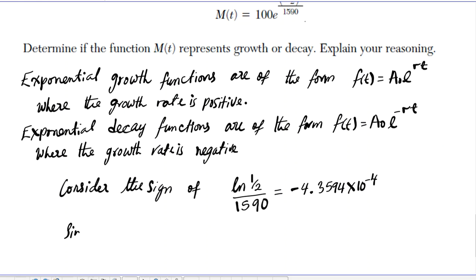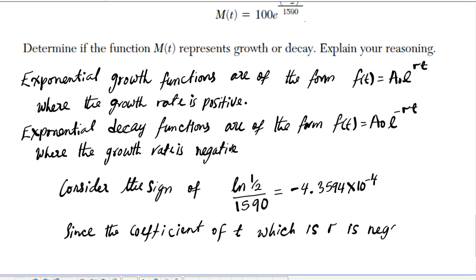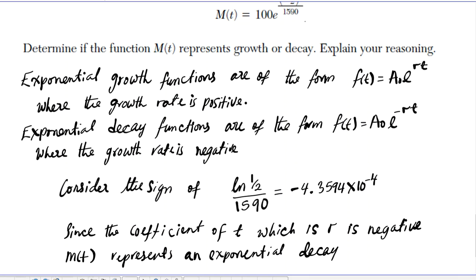Since the coefficient of t, which is r, is negative, m of t represents an exponential decay function.